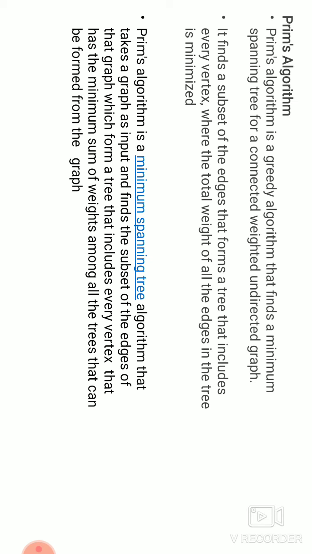So that is the minimum spanning tree algorithm. Prim's algorithm takes the graph as an input and finds the subset of all the edges of that graph, from which we form trees which include every vertex that is there in the main graph, and the sum of the edges which leads to minimum weight will be considered as the minimum spanning tree.